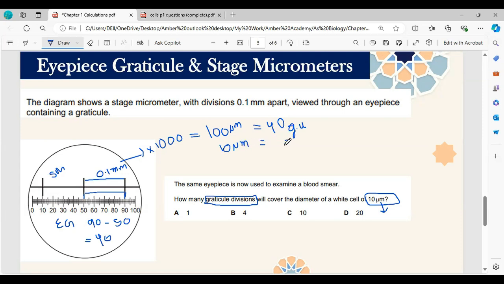So now I'm going to establish the same relationship and perform the same steps. I'm going to cross multiply it. So over here, I'm going to multiply 10 by 40 and then divide it by 100. Just give me a minute. 10 multiplied by 40 is 400.